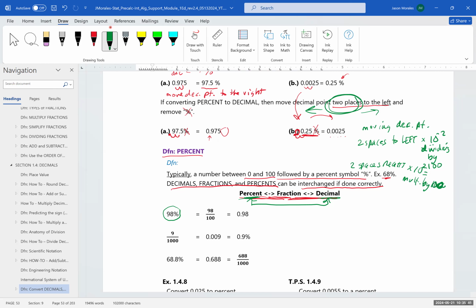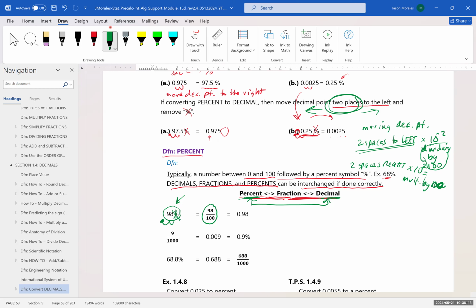So over here, we've got 98%, and we want to convert a percent into a fraction. We can get rid of the percent symbol and write this as 98 over 100. Because when we're getting rid of the percent symbol, we're moving the decimal point to the left 2, and when we move 2 spaces to the left, we're basically dividing by 100.